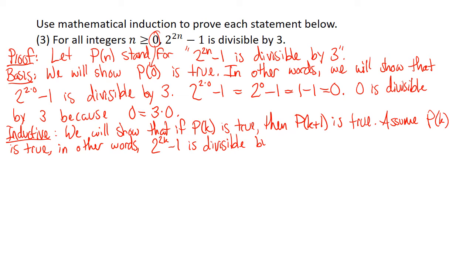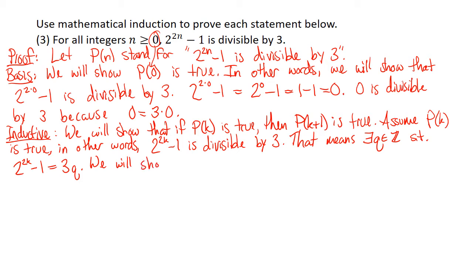What it means for 2 to the 2k minus 1 to be divisible by 3 is there exists an integer q such that 2 to the 2k minus 1 equals 3q. Okay, so I think this is going to be more helpful to me. So now let me go back to what I was talking about.